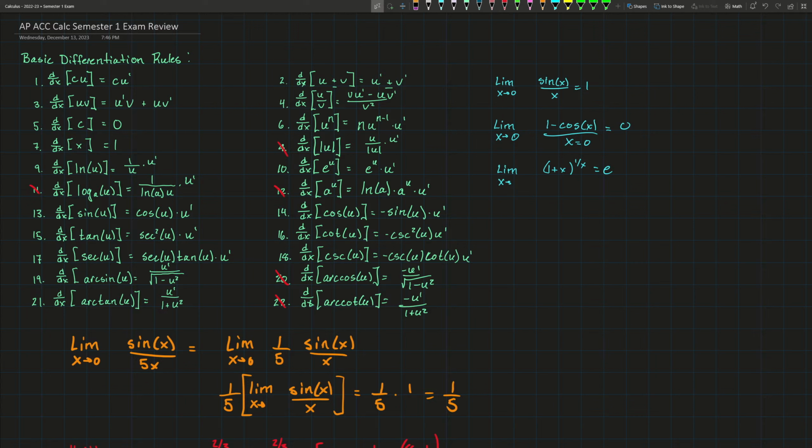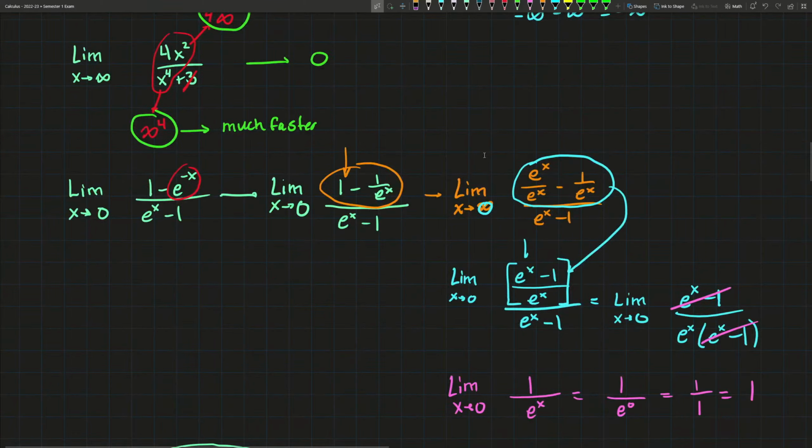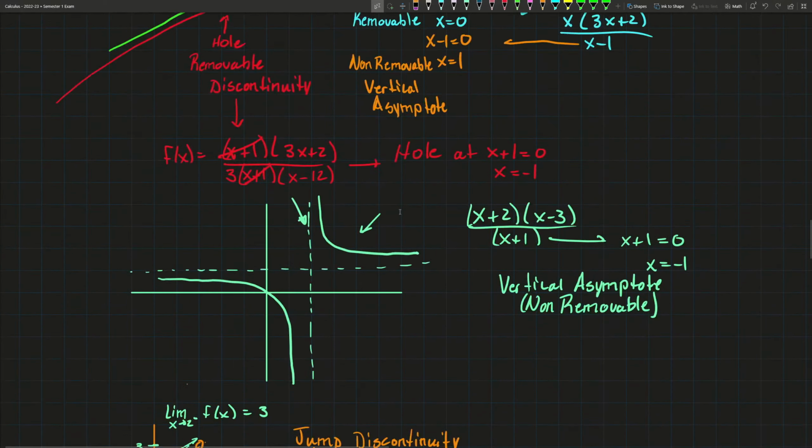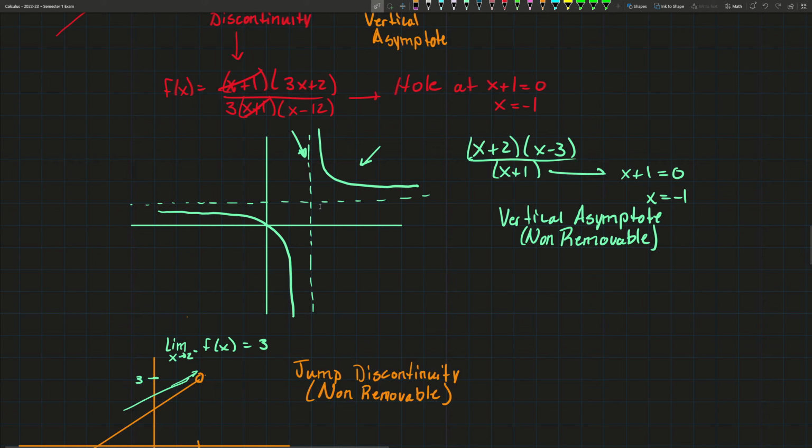One over x is not an oscillation. 1/x has unbounded behavior. Again, 1/x is the rational function, and it's going to look like this thing in green. That is not an oscillation. It is not oscillating back and forth an infinite number of times.